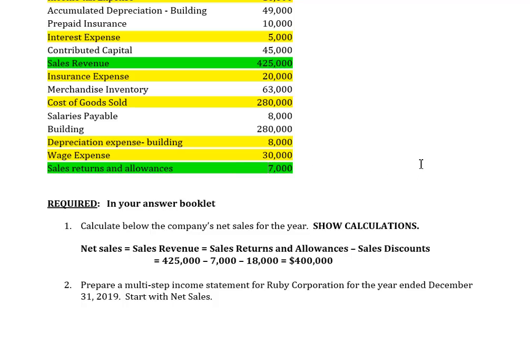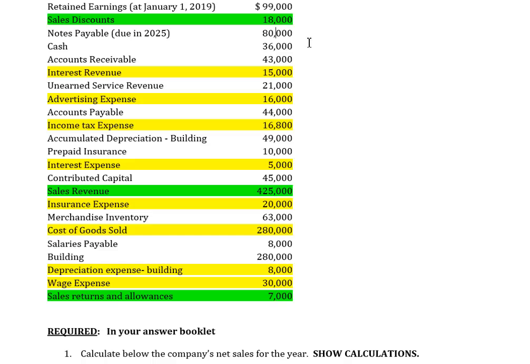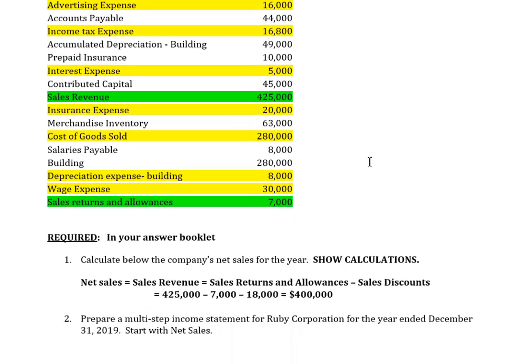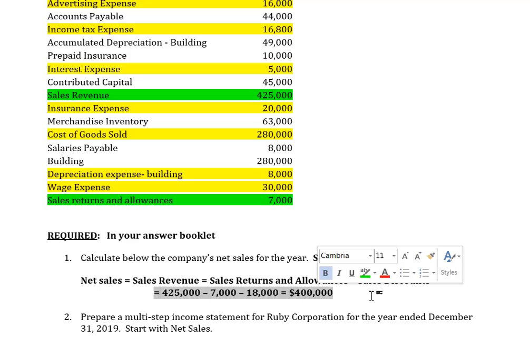These are items that have been returned by the buyer because they were incorrect, things we didn't order, or we decided that instead of sending them back, we would just take a credit for them or get a reduced price. That's an allowance. In any case, the total sales returns and allowances were $7,000, and we also had a sales discount. We must have made an early payment, and that's $18,000. Those two amounts get deducted from sales revenue to give you net revenue of $400,000.